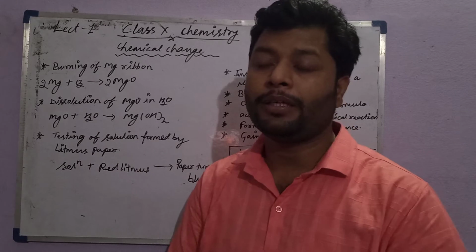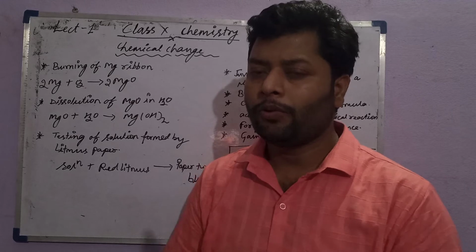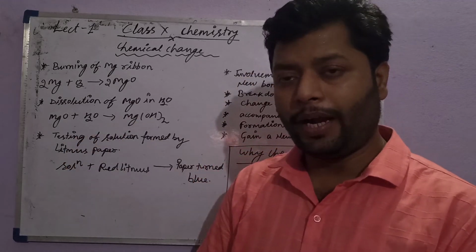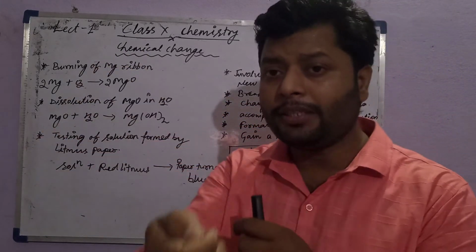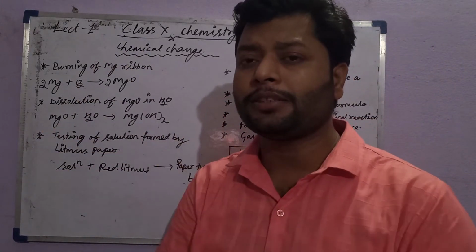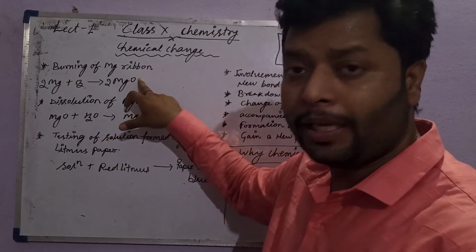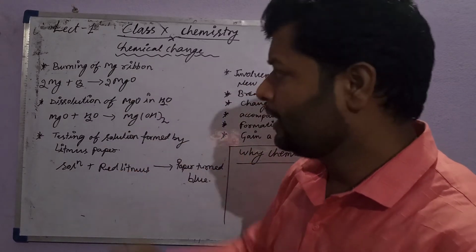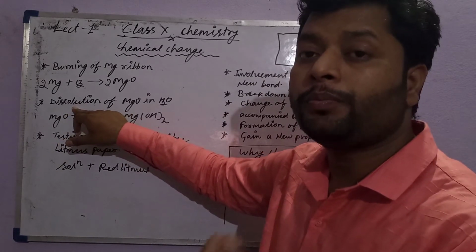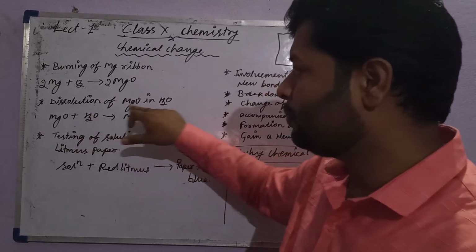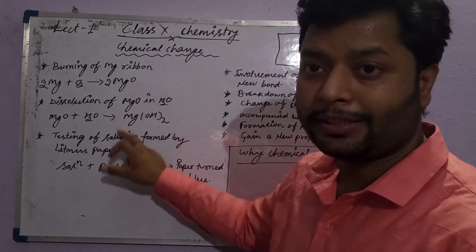Now the magnesium ribbon burns with air to form a white powder. We have to learn whether this is a chemical change. For that, I have already written some reactions, but when we burn the magnesium ribbon, we cannot look at the reactions now. So first, we have to learn that magnesium makes a white powder called magnesium oxide. This white powder is dissolved in water to make a solution called magnesium hydroxide solution.